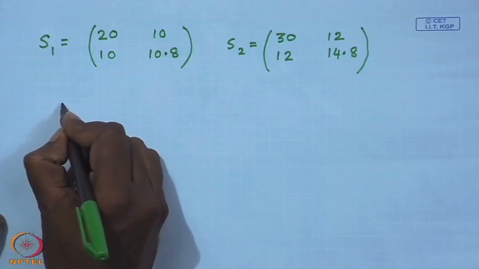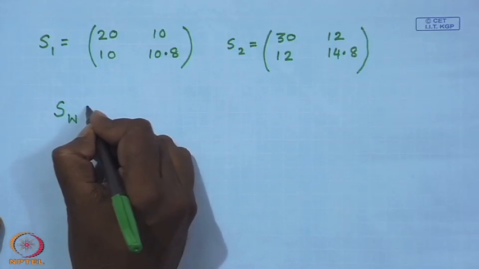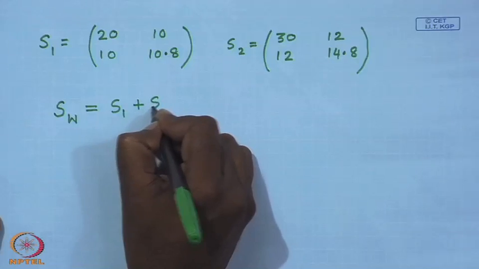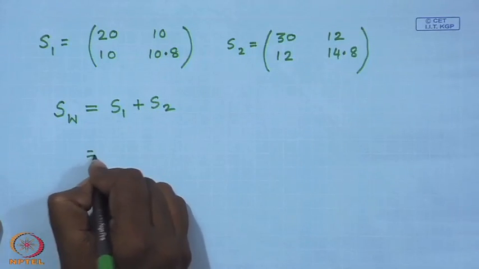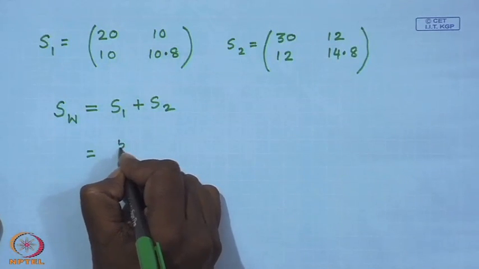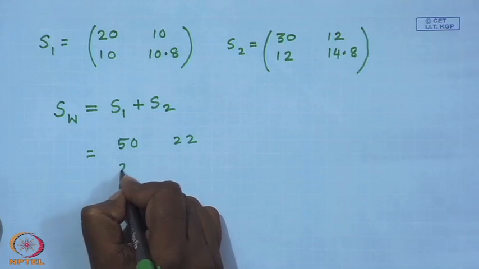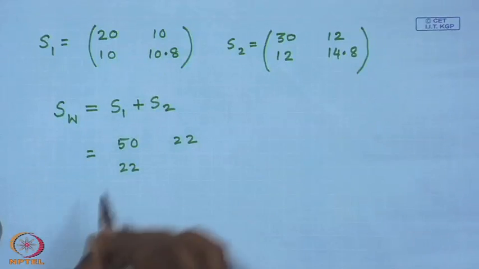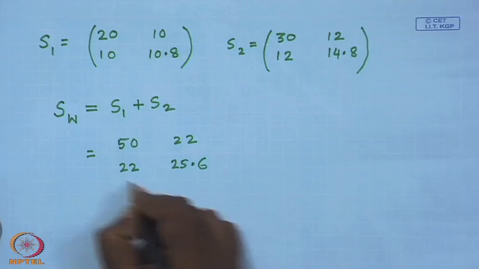If I add these two matrices, Sw will be 50, 22, 22, and here 10.8 plus 14.8, that will be 25.6.